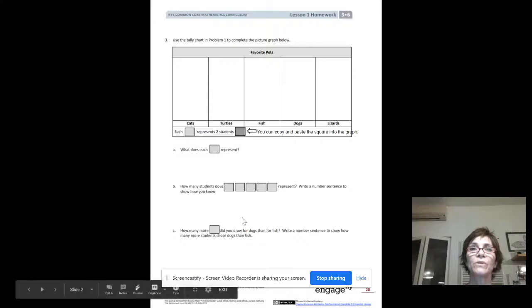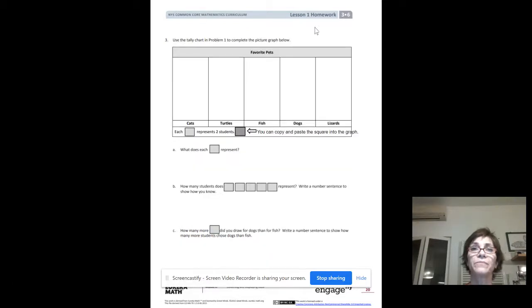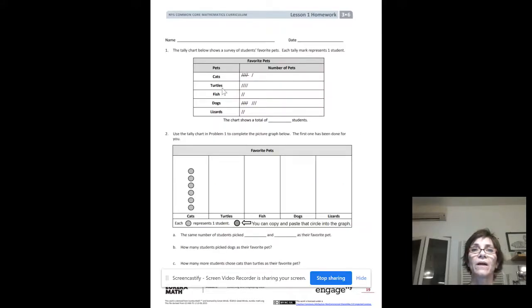On the next slide, you will use the tally chart, the one that we saw before, this one here, to complete this picture graph where each square, this time you have a square, not a circle, represents 2 students. So be very careful. Each square is 2 students. So if I have, let's see, how many students said that cats are their favorite pets? 5 plus 1, 6.